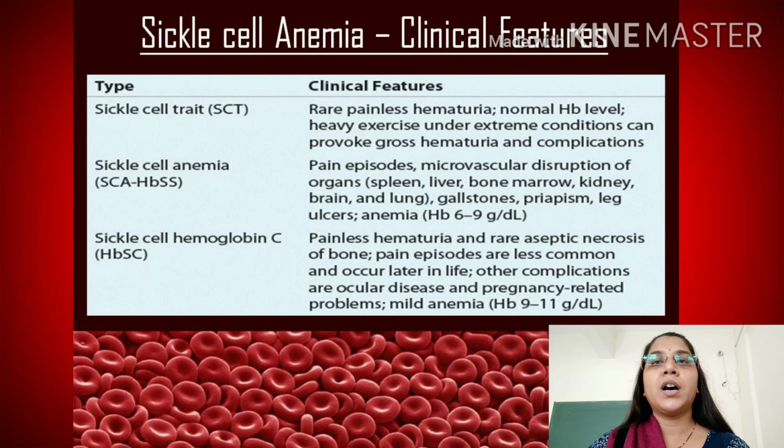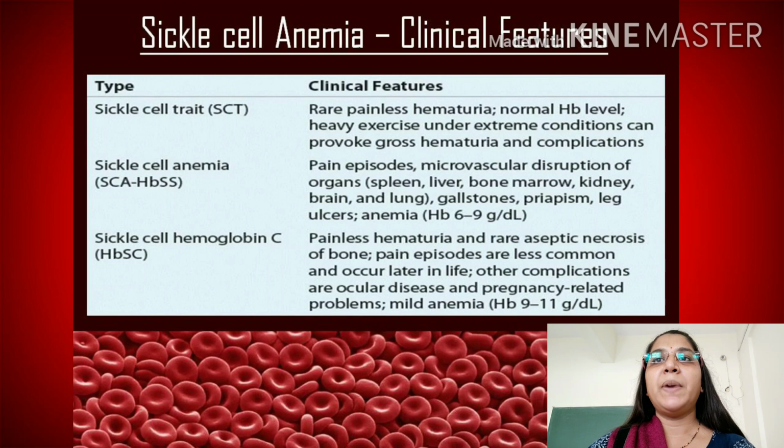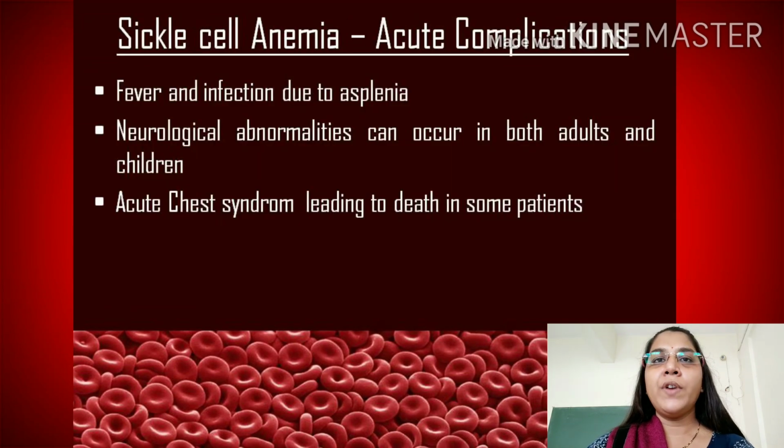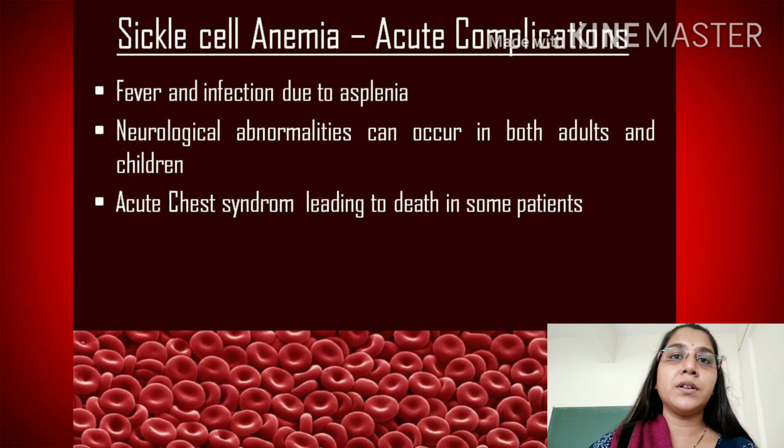Gallstones and priapism are also seen. In HbC, painless hematuria is seen. Some rare cases of aseptic necrosis of bone and pain episodes are seen later in the life of the patient.